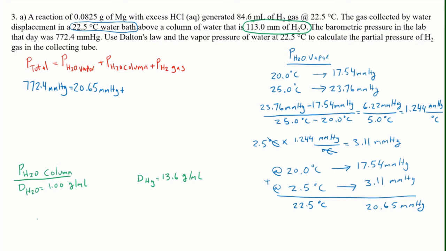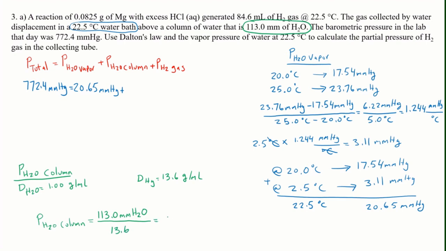Here the pressure of the water column is equal to 113 millimeters of water, and remember this has to be measured in millimeters of water, not centimeters of water. I'm going to divide this by 13.6.